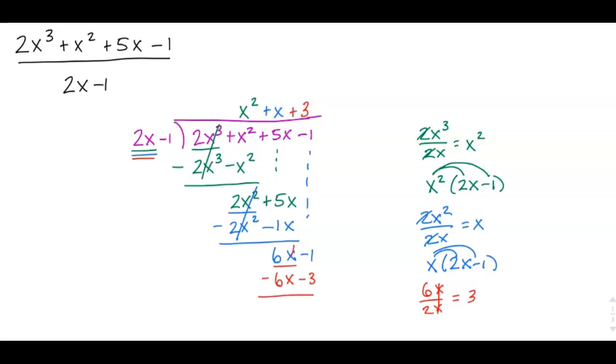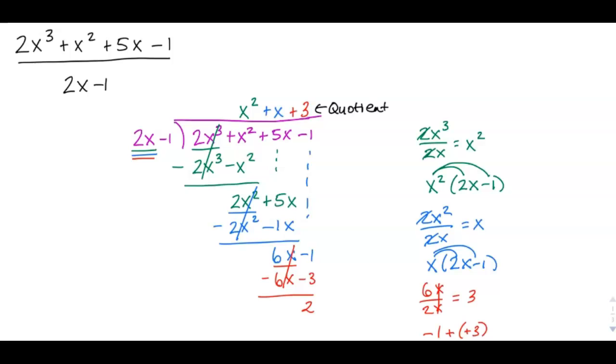6x minus 6x cancels. Think carefully here. Negative 1 minus a negative 3. You can think of that as like negative 1 plus 3, which is going to give us a positive 2. So the part that came out up on top is called our quotient.